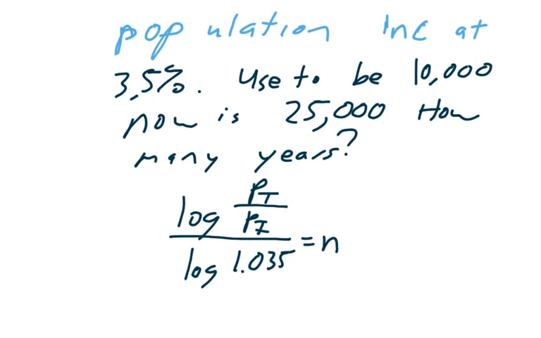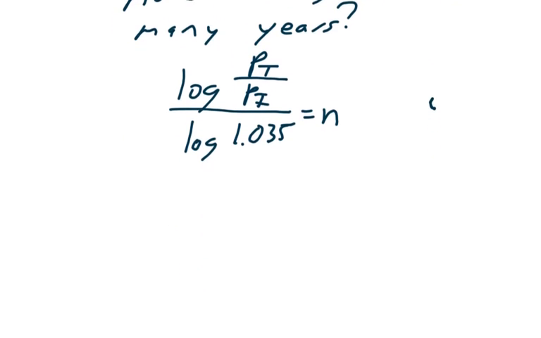Alright, example number 2 talks about how we can tell how long it takes for a population to grow. So the population used to be 10,000, it is now 25,000, and the average increase is 3.5%. How many years does it take to get there?